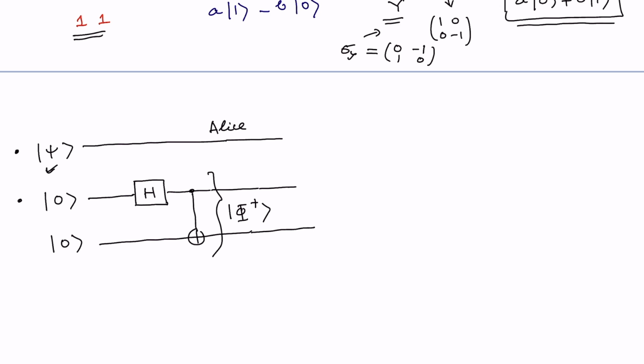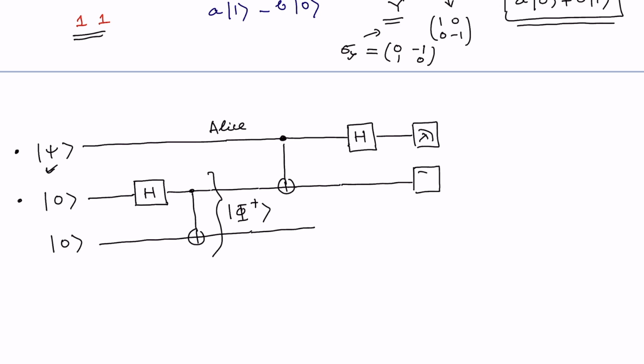Now Alice first is going to make a CNOT operation. The first one is the control, and then you have this target here. After this CNOT operation, Alice is going to make a Hadamard gate operation on her first qubit, and then she is going to make a measurement on her two qubits.